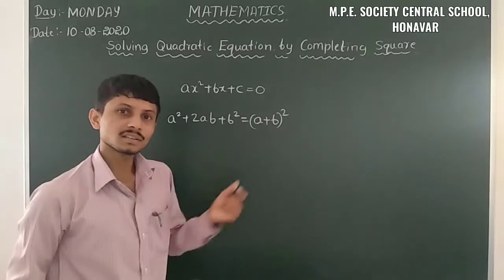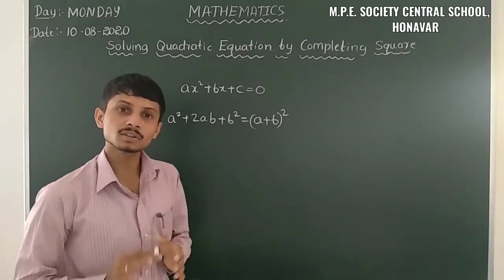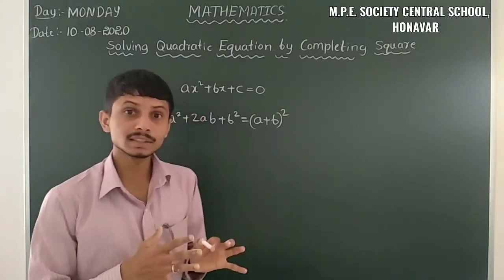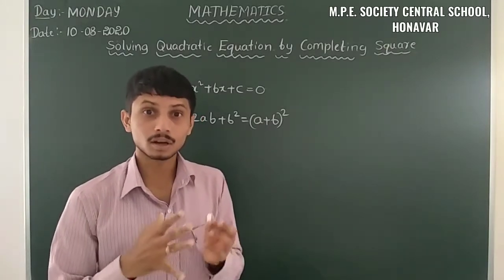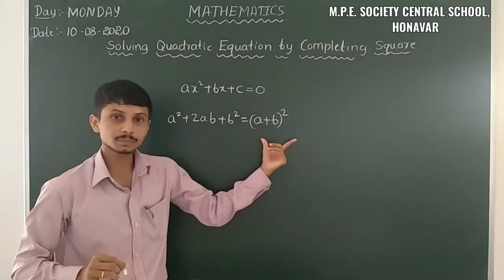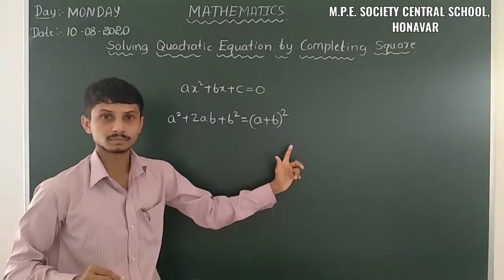Commonly we write a plus b whole square on the LHS, but here I wrote a plus b whole square on the RHS. That means here we have to convert this form of equation into this form of equation. That's why I am writing this form here.